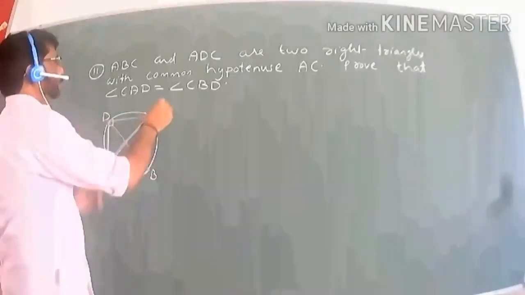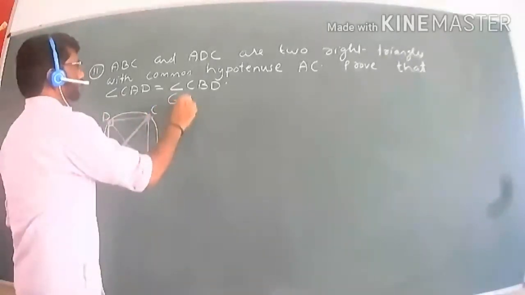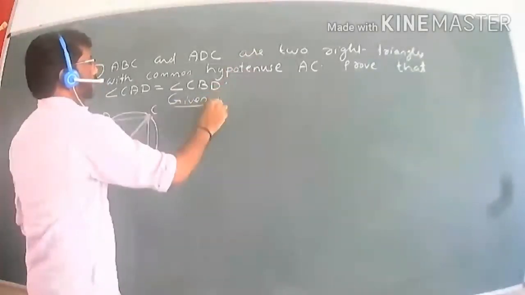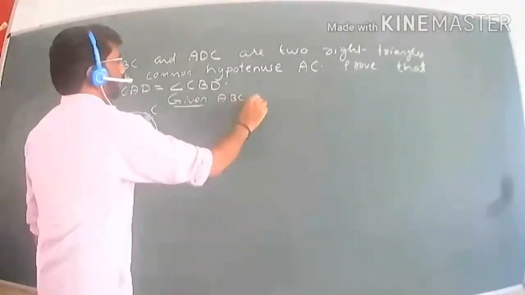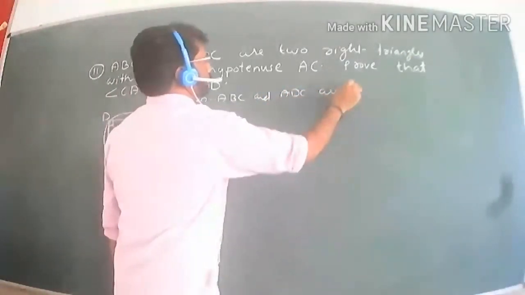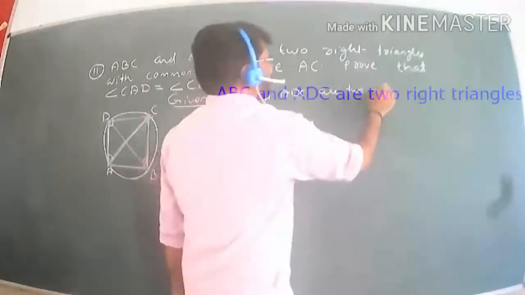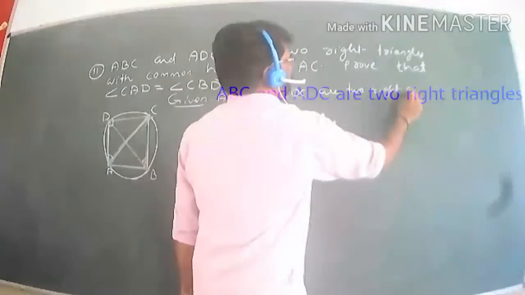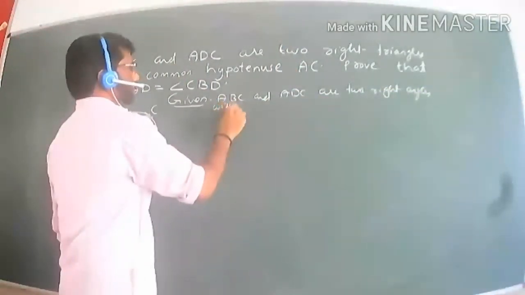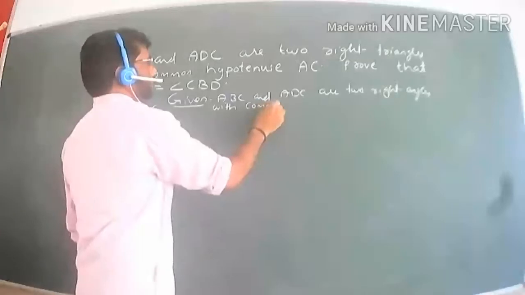So let us write given. What is given as it is? ABC and ADC are two right triangles with common hypotenuse.